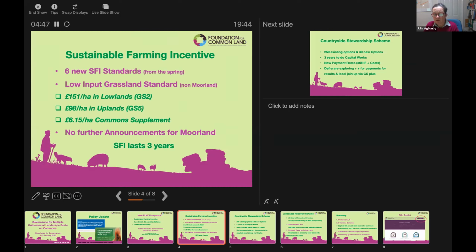So you could have been in these options before, but they are now available in SFI, which is easier to enter. And there will also be a common supplement of £6.15 a hectare available within the SFI. There are additional requirements, mandatory guidance for commons, which we have covered in a previous webinar.